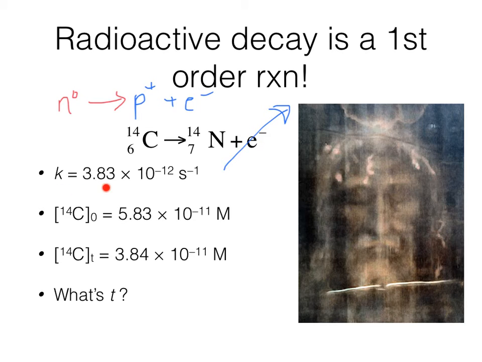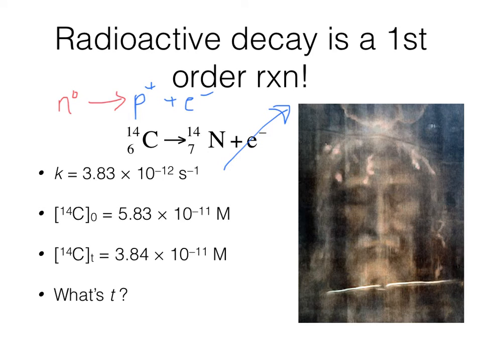Let's say we were given the value of k, and one cool thing is k doesn't change with temperature in these reactions. And we're given the initial concentration of carbon-14 here, and at some later date, the concentration is 3.84 times 10 to the minus 11. What's the time? So the initial concentration, it turns out that carbon-14 is a very teeny tiny proportion of all carbon atoms, and everything living takes in carbon, and so after a while, your concentration of carbon-14 is a constant value for all organisms.